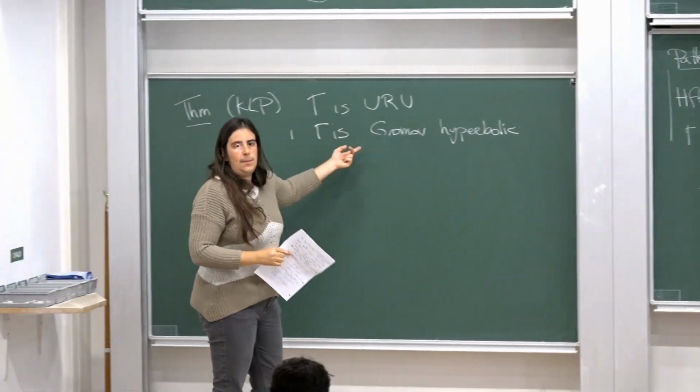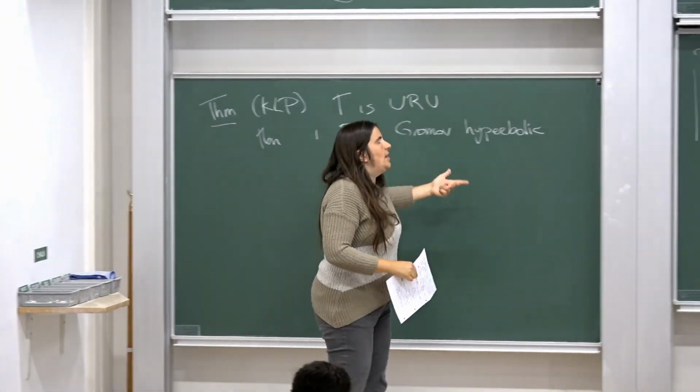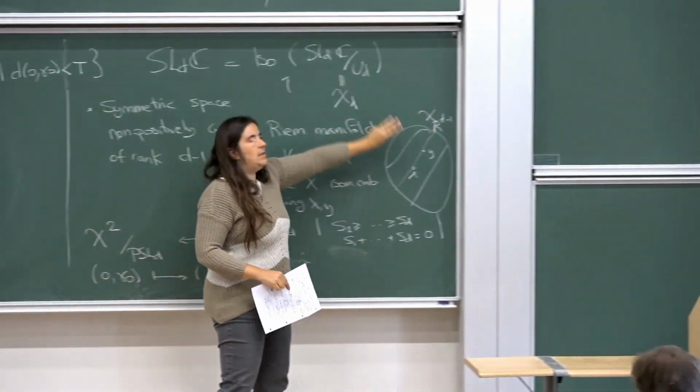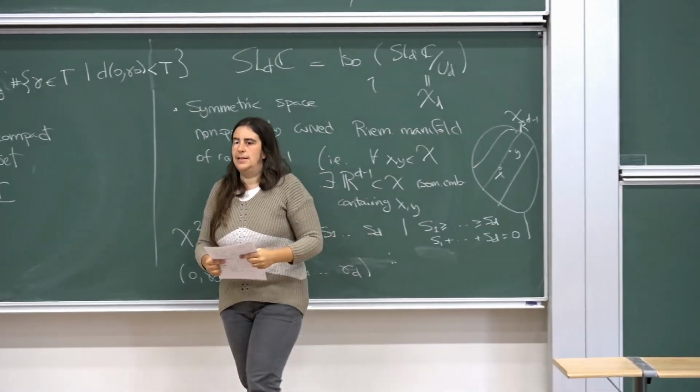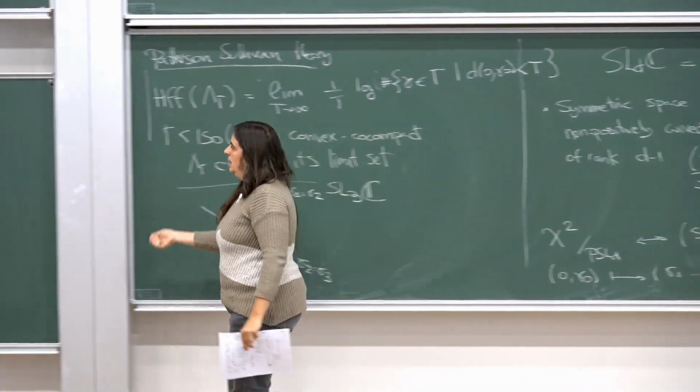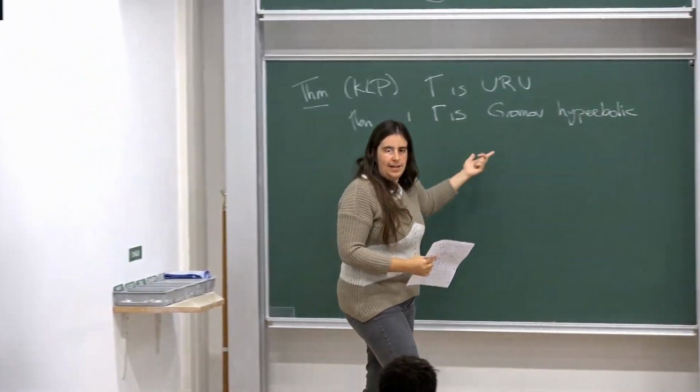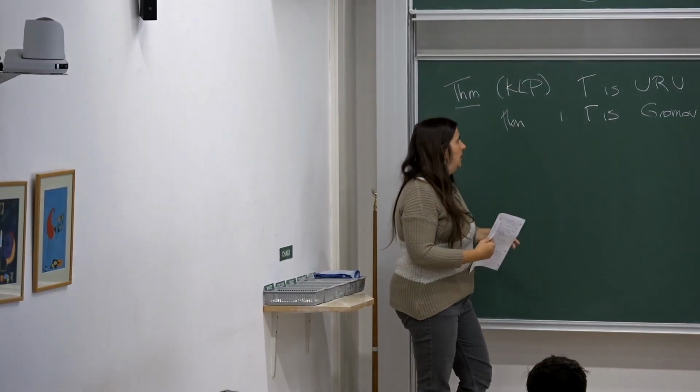Which is very surprising because it's just a discrete subgroup acting on a non-positively curved space that has lots of zero curvature. So the fact that the group is necessarily Gromov hyperbolic, so doesn't see too much of the flat geometry, is a striking result.